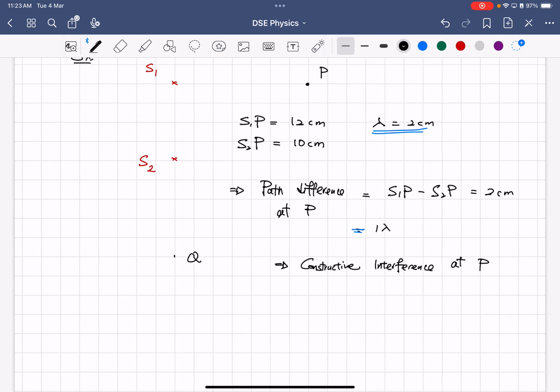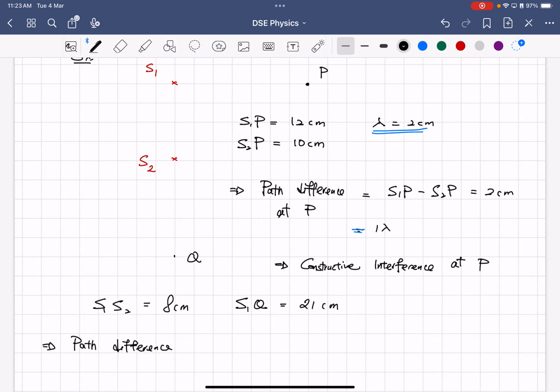And then the other thing they may tell you is that S1S2 is equal to 8 cm. And then S1Q is equal to 21 cm. Then in this case, we can again find the path difference.